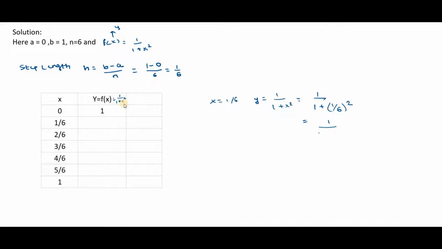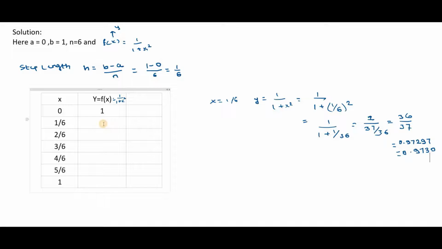If you simplify, you will get 1 divided by 1 plus 1 divided by 36, and here you will get 36 divided by 37, and the value of 36 divided by 37 is equal to 0.97297, or approximately we can write it as 0.9730.